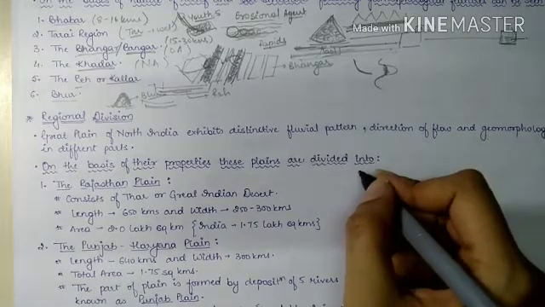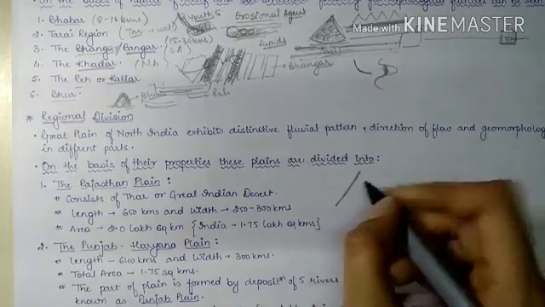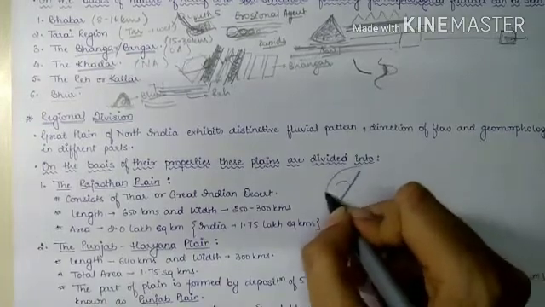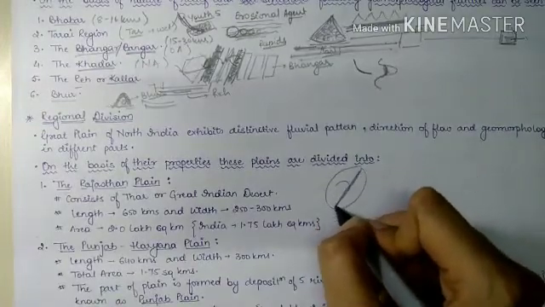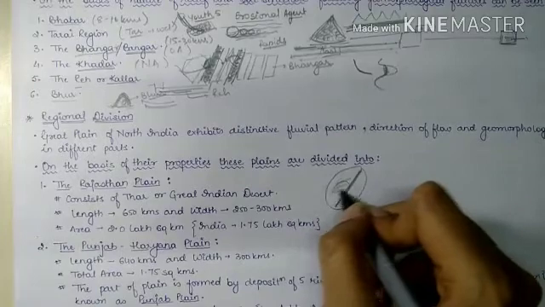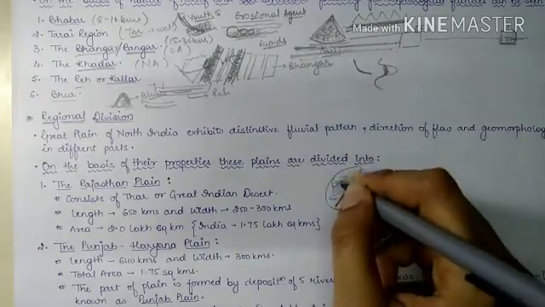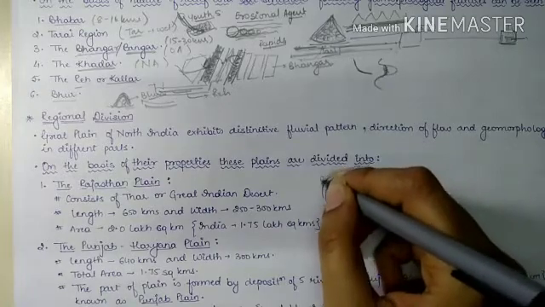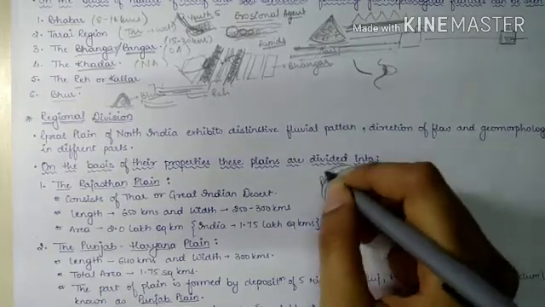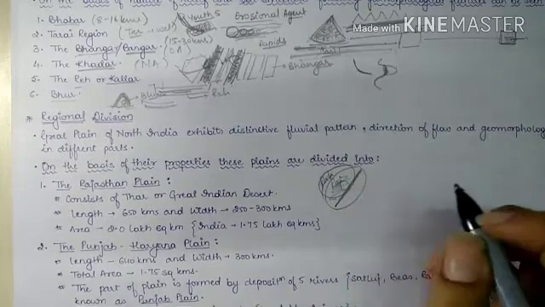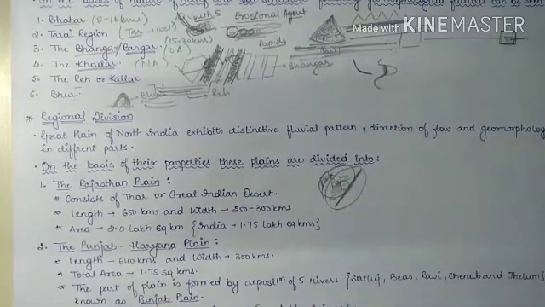So this is the Aravalli, and to the west of it is the Thar Desert. Rajasthan and some part of Pakistan are covered with the Thar Desert. The area of this great desert is about 2 lakh square kilometers, and the Indian part consists of 1.75 lakh square kilometers.